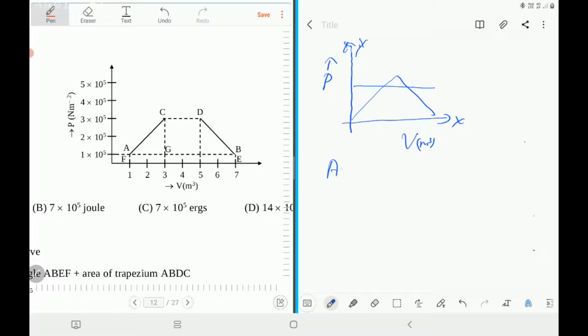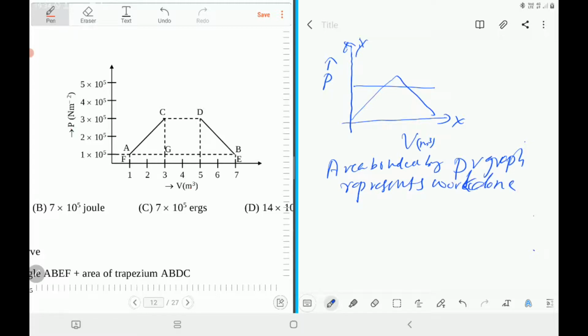Any type of graph, the area bounded by the PV graph, pressure volume graph, always represents work done. How do you explain it? Very easy.